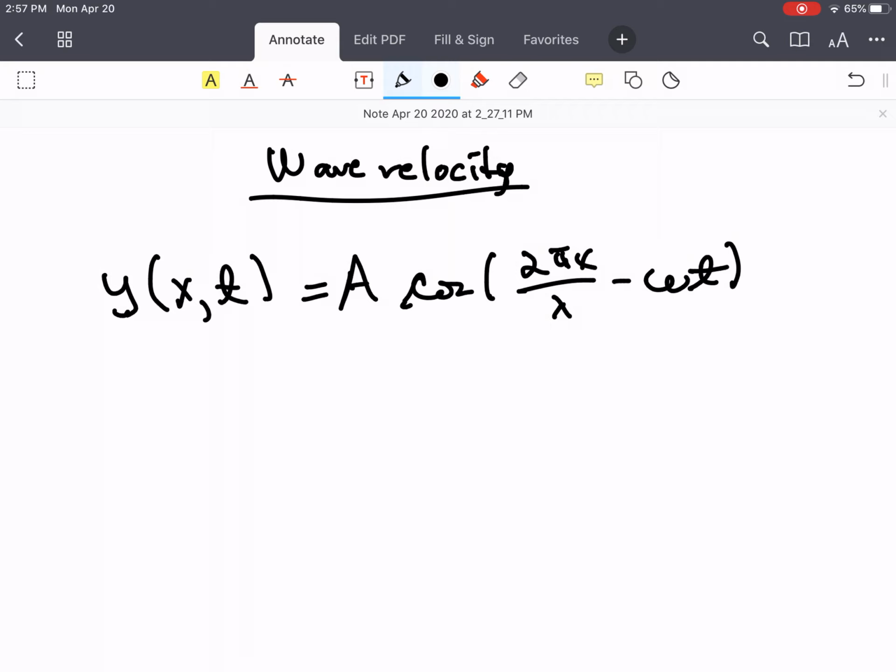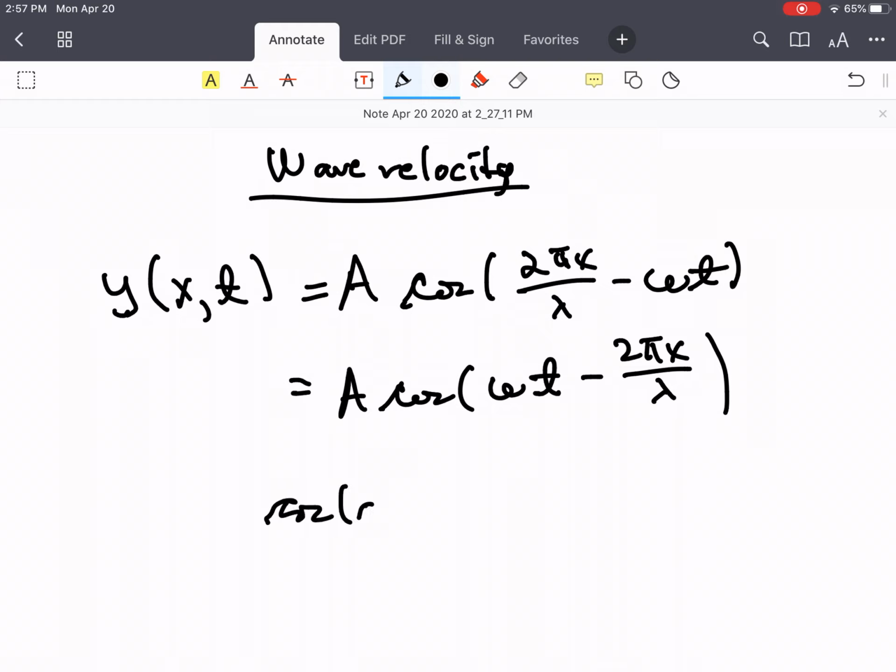I think on the slides I may have written this the other way around: omega t minus 2 pi x divided by lambda. Those are both the same thing because cosine of x is equal to cosine of negative x. It's an even function. Okay, so these guys are the same thing. We'll go ahead and use, I don't know, the second one, doesn't really matter.